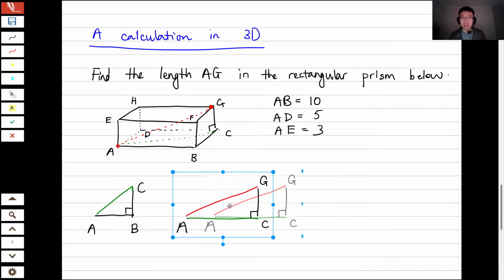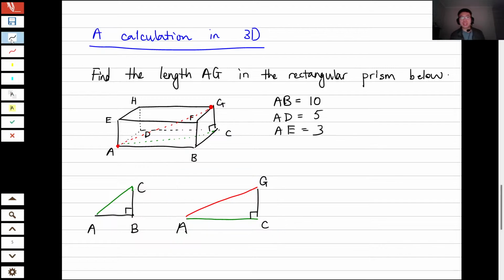Okay. Let's label the information that we know. So first, AB. Do we know AB? Yes. AB is 10. Do we know BC? At first, it might not look like it because I haven't written down BC here. But I have told you that this is a rectangular prism, which means parallel sides have the same length.